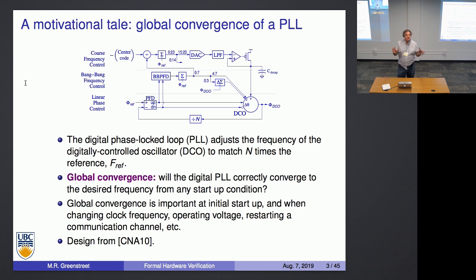It's a beautiful, clean mathematical formulation. But what happens when you're not in that locked situation? And we get there a lot. When you turn the thing on, it's not necessarily what it's supposed to be. Now we try to do all this energy management and we change the operating voltage and clock frequencies rather frequently. And so now you've tossed yourself someplace a long ways from where it's supposed to be. Does it get to the right place?